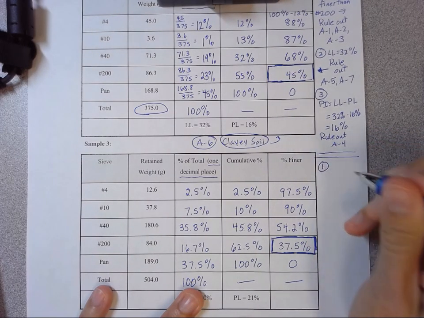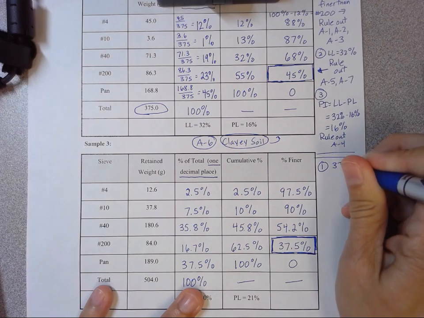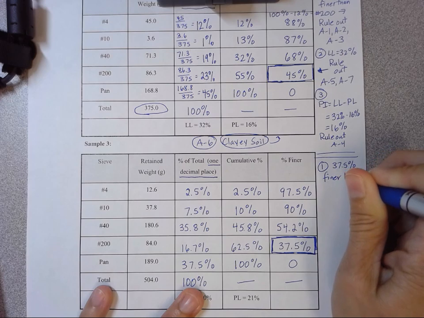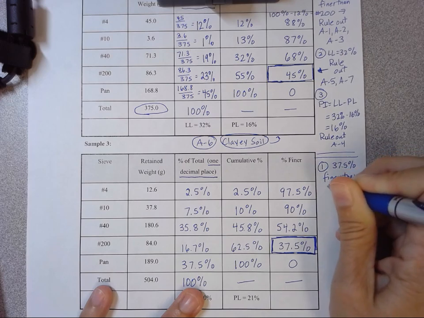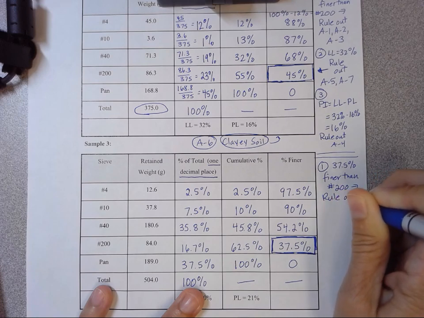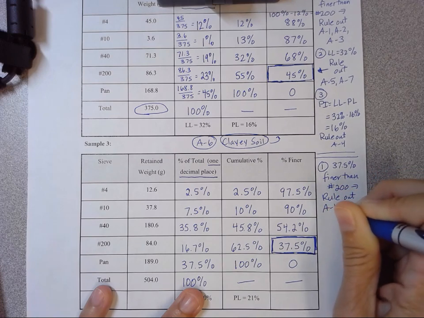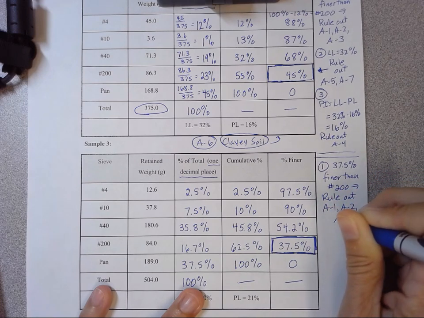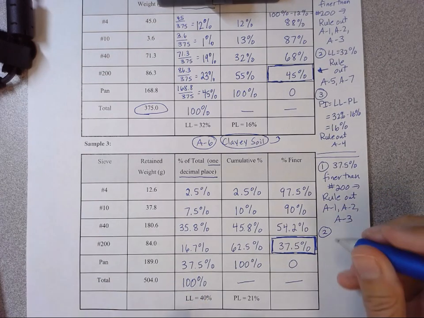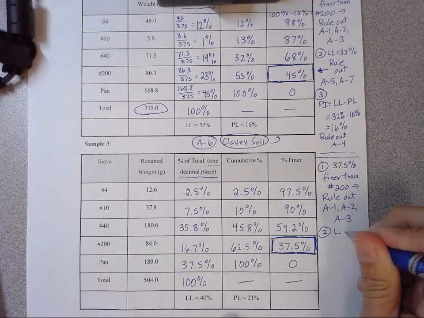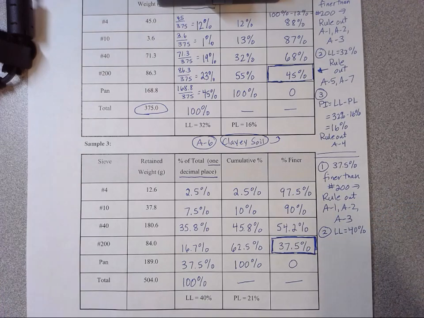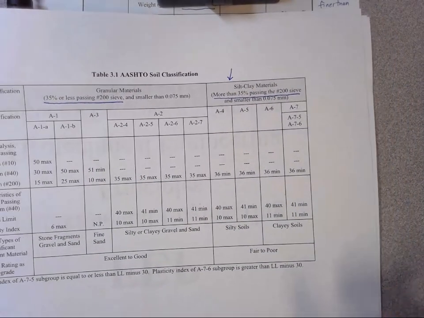So my first step, I've got 37.5% finer than my number 200. So that's going to rule out, again, my left side of the table, A1, A2, and A3. And then for my second step, I'm going to look at my liquid limit again. This time it's 40%. So again, it's going to be similar to what I've seen before.